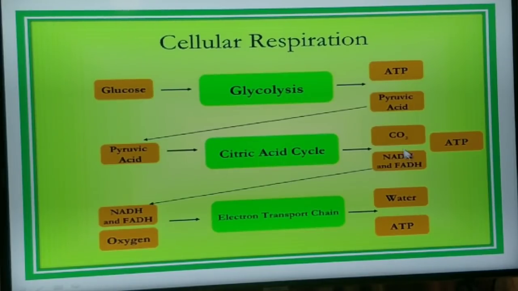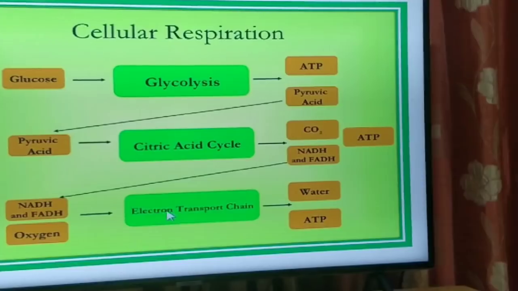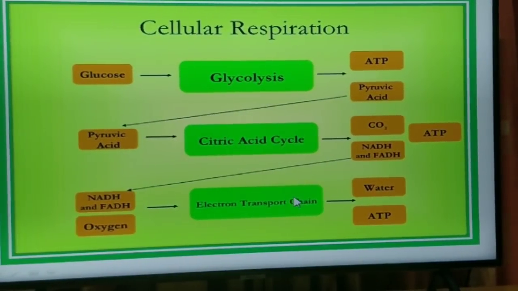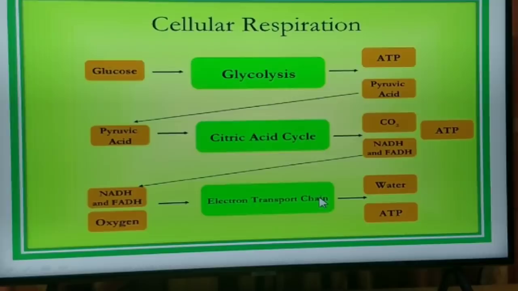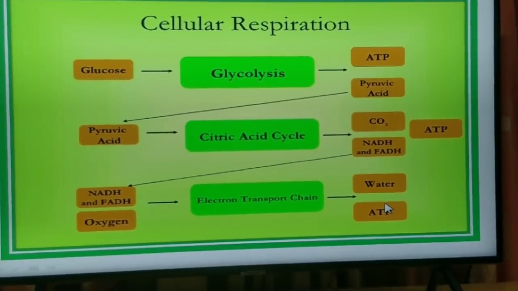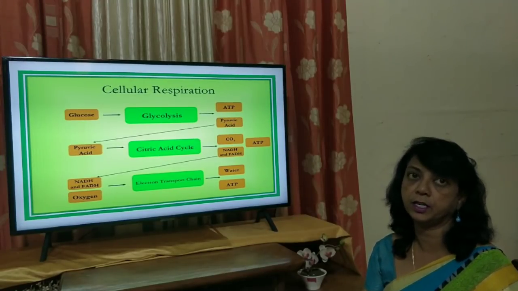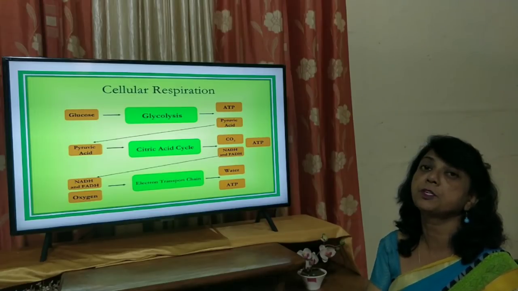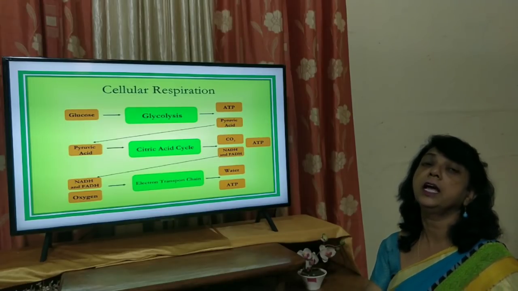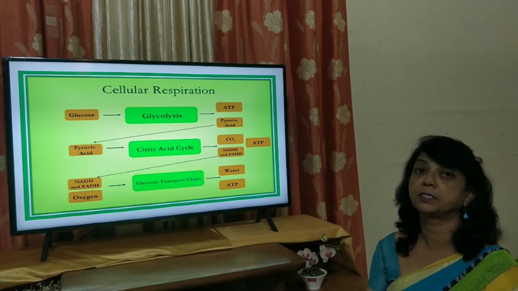This cycle is called the citric acid cycle. NADH and FADH plus oxygen enter into the electron transport chain, and water and ATP are generated. I just told you the summary of cellular respiration. The detailed description of cellular respiration, its process, etc. are not in your syllabus.